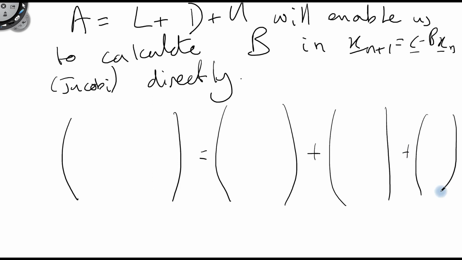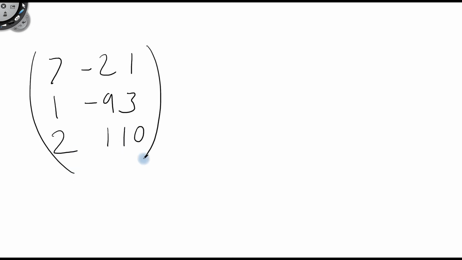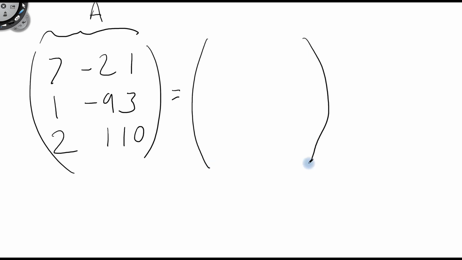In fact, we're going to do A equals L plus D plus U. I'm just going to use the full board for this. 7, minus 2, 1, 1, minus 9, 3, 2, 1, 10. That's our original A matrix that we started with when we looked at iterative methods.